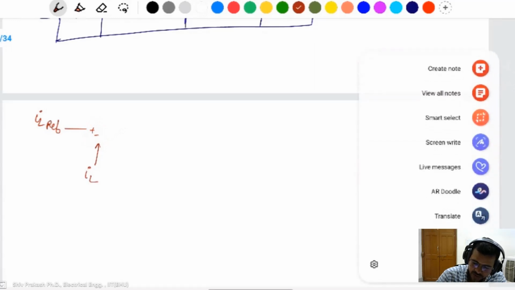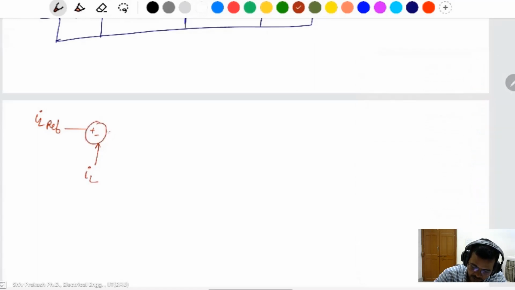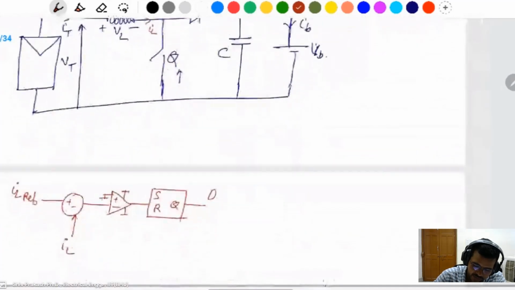It will be passing through a comparator, with the positive connected to the ground and the negative to the signal. An SR flip flop is used to generate the duty cycle, and this duty cycle D is connected to the MOSFET.